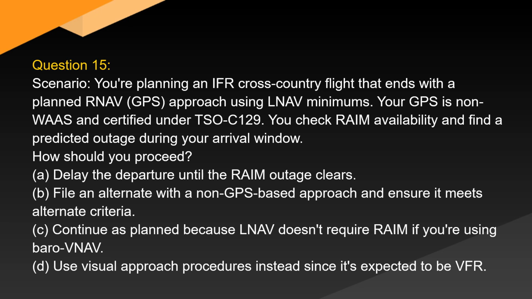A. Delay the departure until the RAIM outage clears. B. File an alternate with a non-GPS-based approach and ensure it meets alternate criteria. C. Continue as planned because LNAV doesn't require RAIM if you're using Baro VNAV. D. Use visual approach procedures instead since it's expected to be VFR.